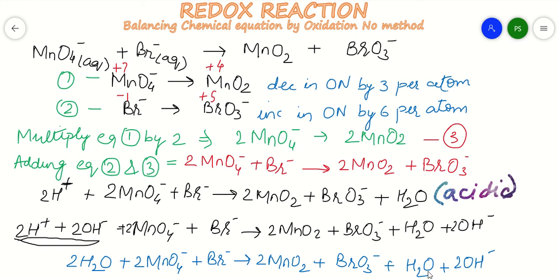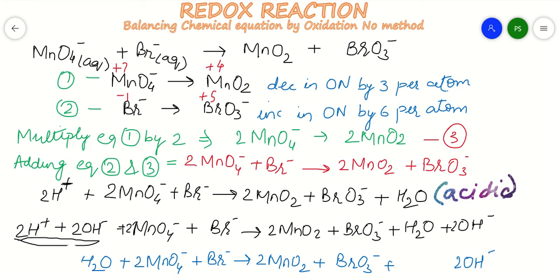So I will manage this water molecule. One water molecule will be cancelled out from the right hand side and 1 will be remaining on the left hand side. So I will erase this water molecule and here it becomes 1 in number.